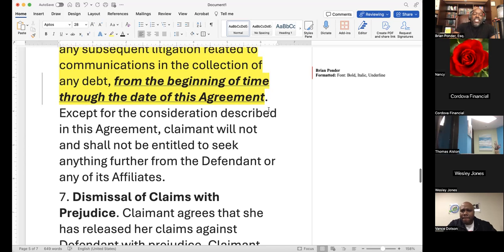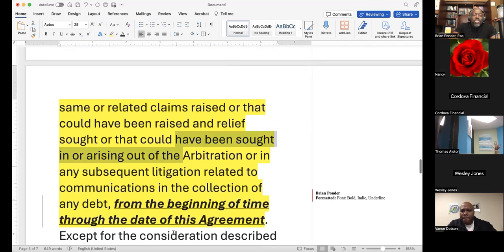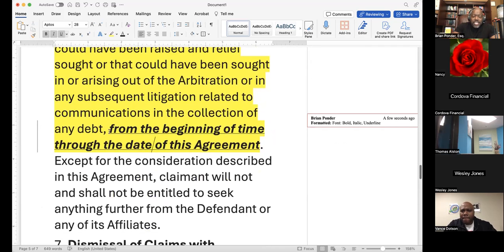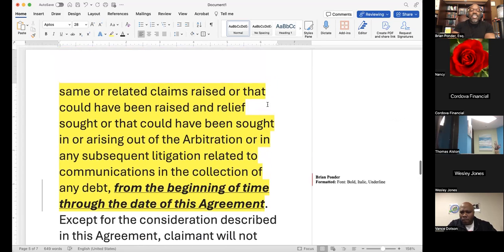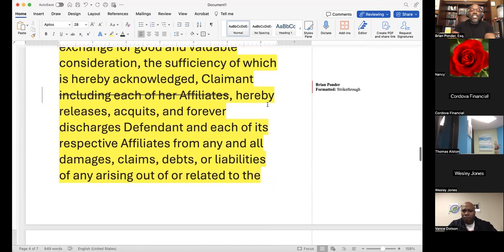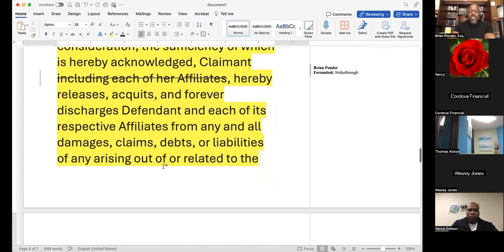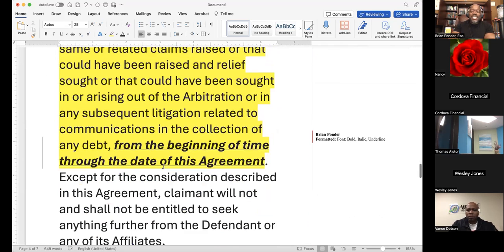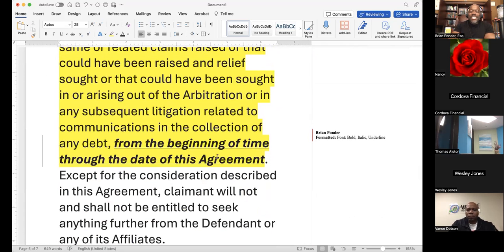So anyway, it looks real tricky, but once you get down to this part, this is what takes you from Genesis or the Big Bang to the day of the agreement. So it seems crazy up here, but you don't have to worry about it. It's just anything that happens later. But in the case of this portfolio, they're saying it includes all this, what could have been asserted. Well, it's to the date of this agreement. You can't assert something, nor is anything covered after the date.